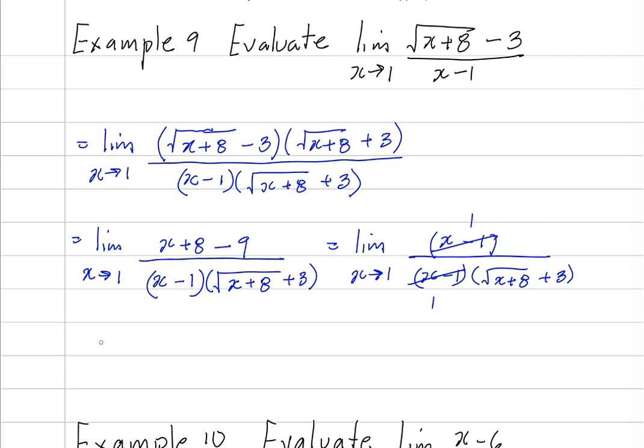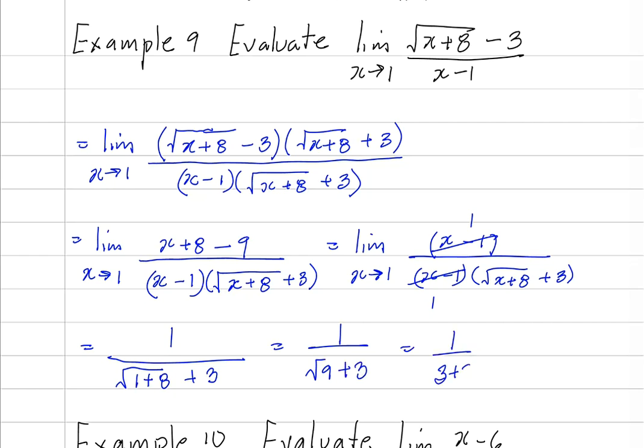And by direct substitution, this is equal to 1 over the root of 1 plus 8 plus 3. This is equal to 1 over the root of 9 plus 3, which is 1 over 3 plus 3, which is equal to 1 over 6.